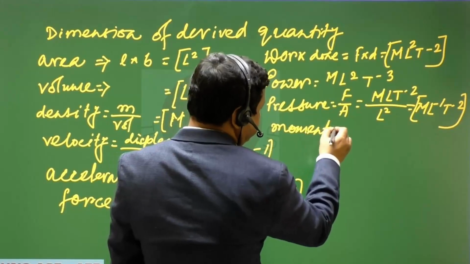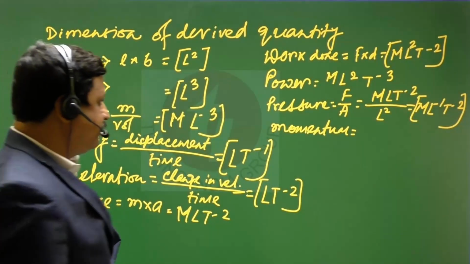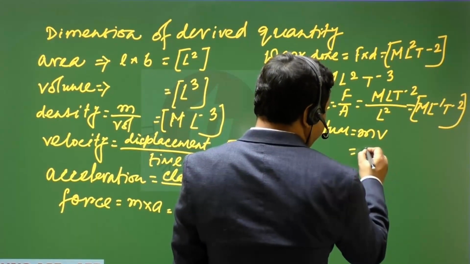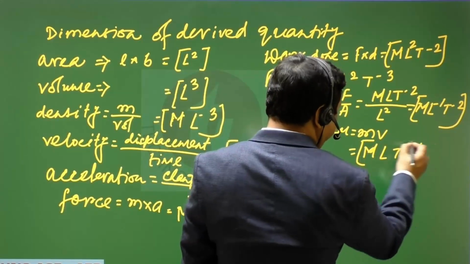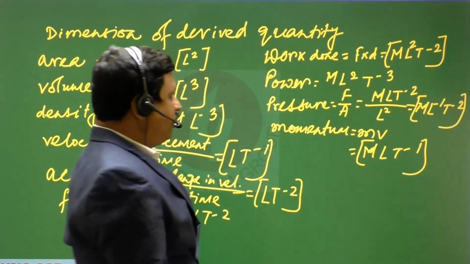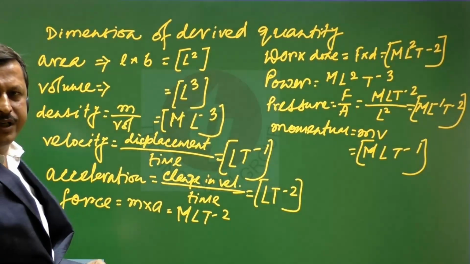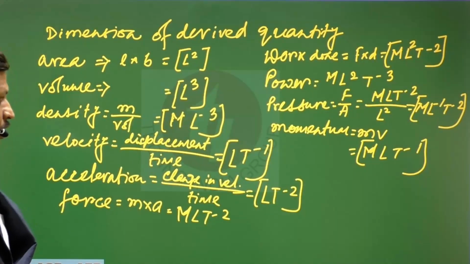Momentum is mass into velocity, that means m L t to the power minus 1, that is momentum. Okay, these are the common dimensions for common derived quantities. You have to memorize all the dimensions of these quantities.